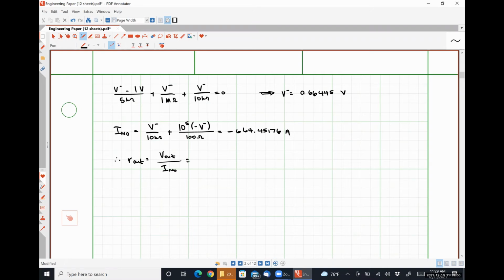So in this case, that would be negative 1.999999392 volts divided by negative 664.45176 amps, which is 3.0085 milliohms.